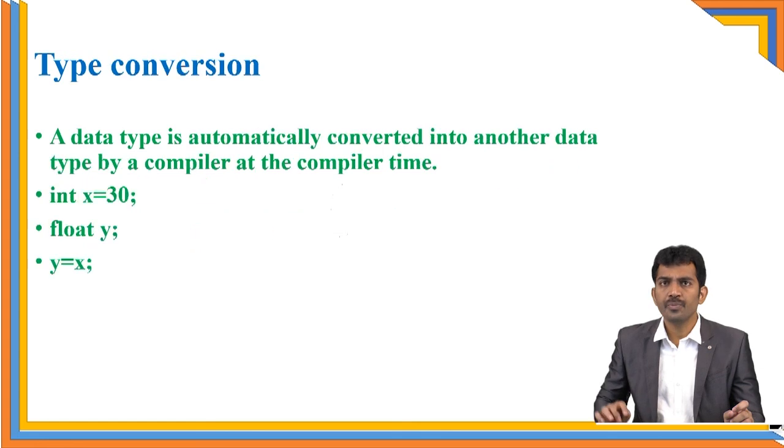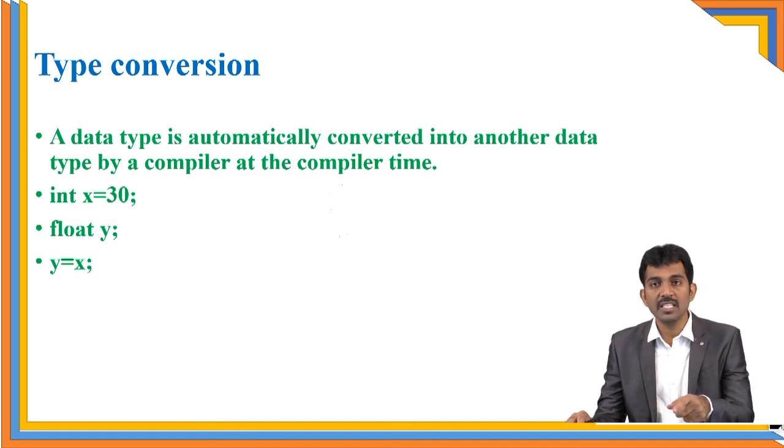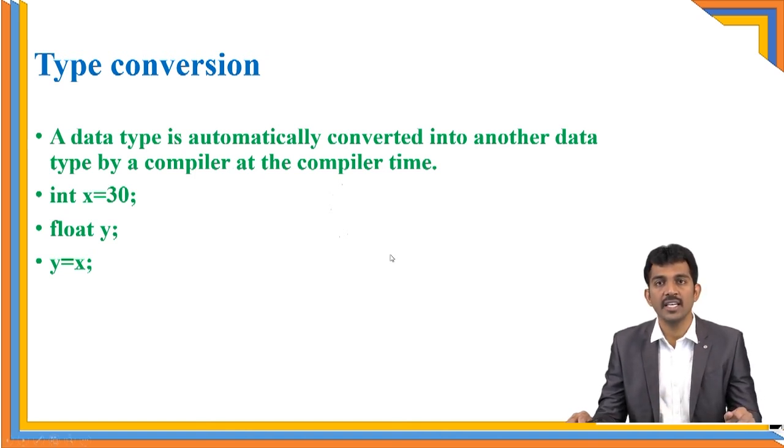What about type conversion? Inbuilt conversion. See here in the same program, int x equal to 30, right? Float y. If y equal to x, it means a data type is automatically converted into another data type by the compiler at compile time. So we have two times, compile time and runtime.